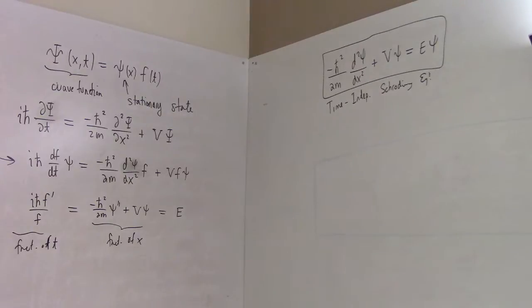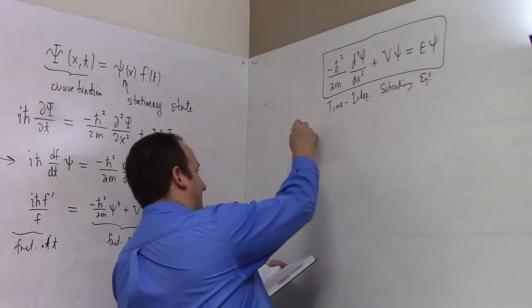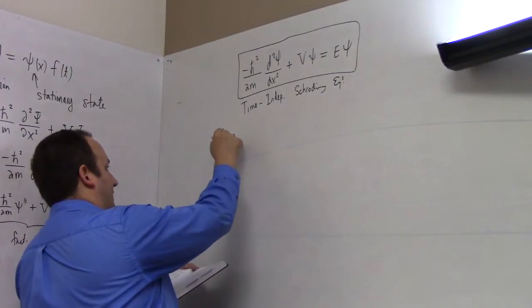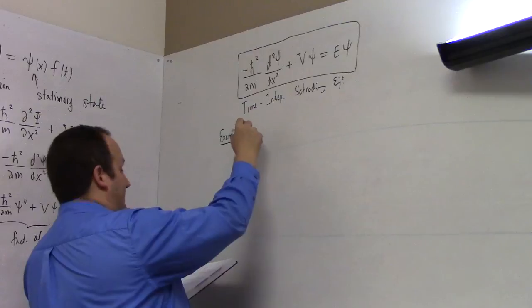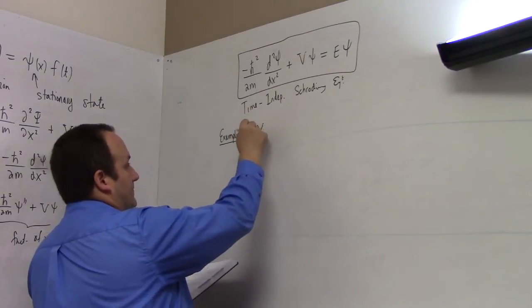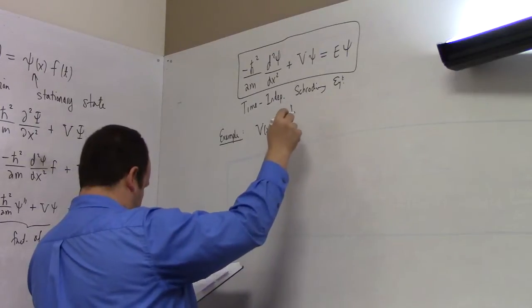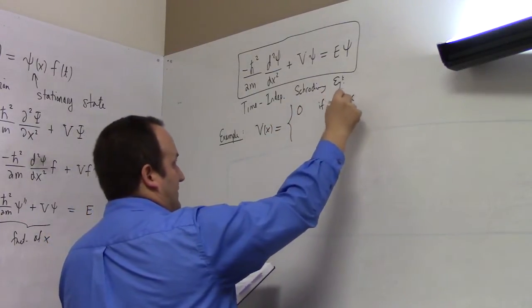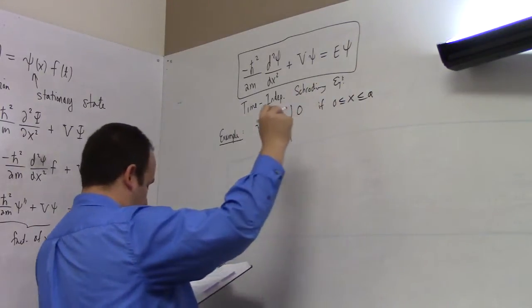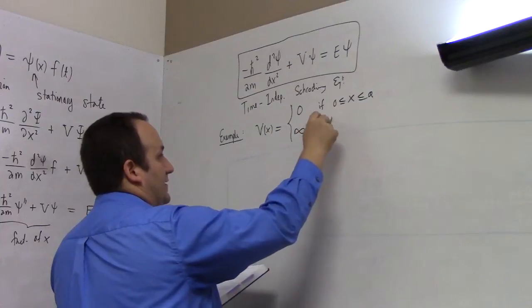All right, so since our time is limited, I will do the easiest possible example. The easiest possible example, I think, is the infinite square well. So here it is. V of x is 0 if 0 is less than or equal to x is less than or equal to a, and it's infinity otherwise.